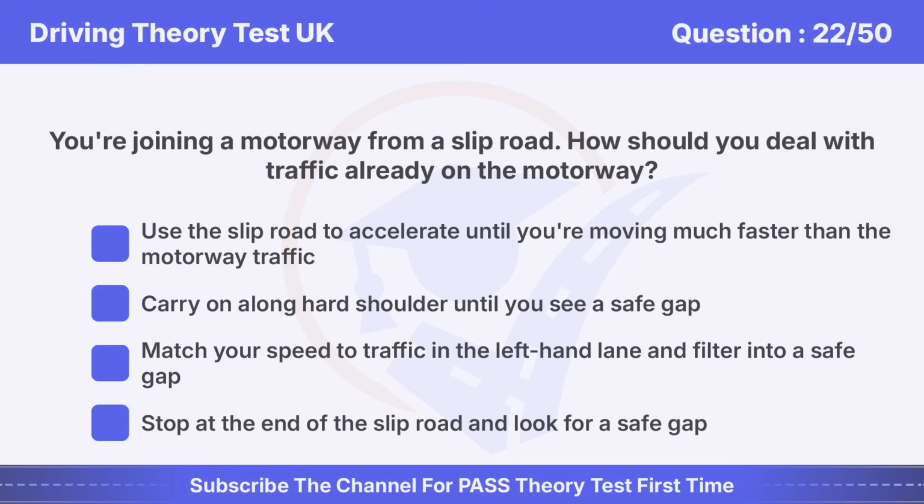Question 22. You're joining a motorway from a slip road. How should you deal with traffic already on the motorway? Answer is C. Match your speed to traffic in the left-hand lane and filter into a safe gap.